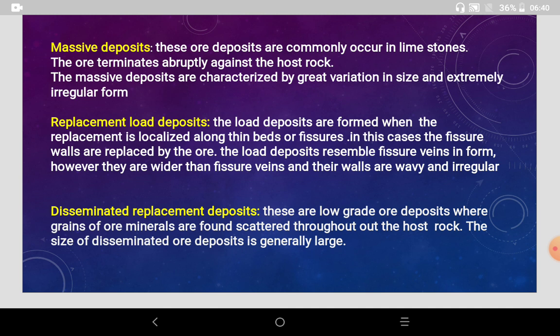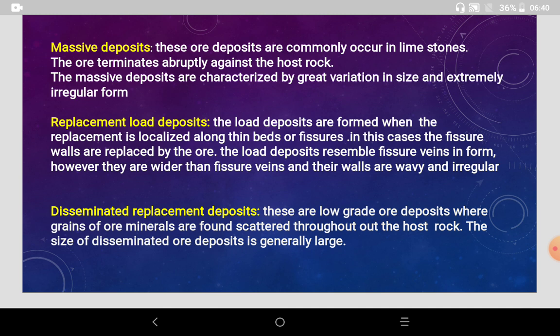The load deposits resemble fissure veins in form; however, they are wider than fissure veins and their walls are wavy and irregular. In replacement load deposits, the structure of the deposits is that of fissure veins with wavy, irregular forms.